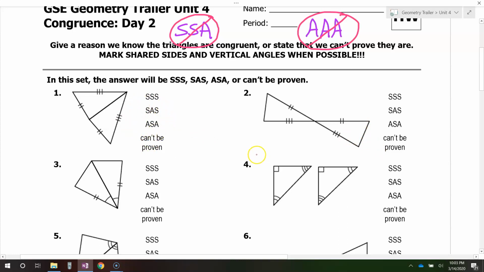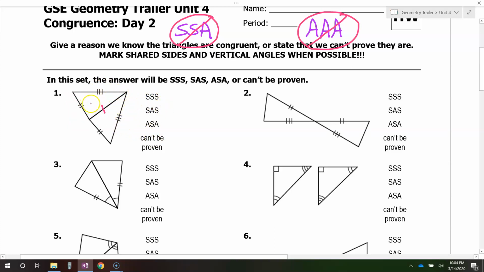Now, throughout the rest of this lesson, look for shared sides. If you have a shared side, you know that the side will be congruent for both triangles because it is actually the same side being used twice. So you can mark it just like I did right then. Now, that will count as we're looking for sides and angles to prove the triangles are congruent.